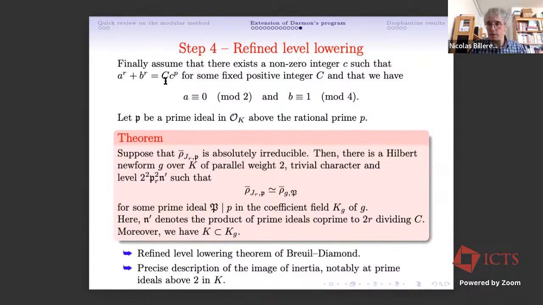So we are now done with the first 4 steps in the modular method, and except for the step of irreducibility, all of these steps were achieved in rather full generality, right?